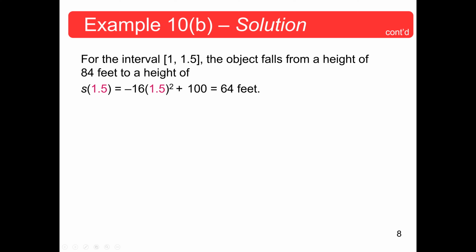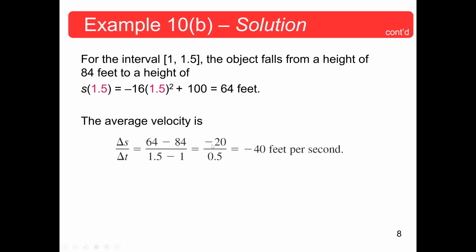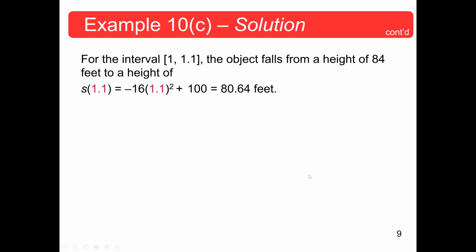Now, for the interval 1 to 1.5, we find s at 1.5 by substituting 1.5 for t, which gives us 64 feet. We already know s at 1 is 84 from the previous question. So we have 64 minus 84 over 1.5 minus 1, which gives us negative 40 feet per second.